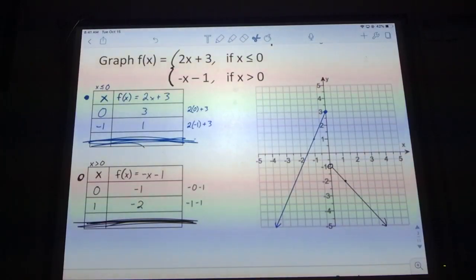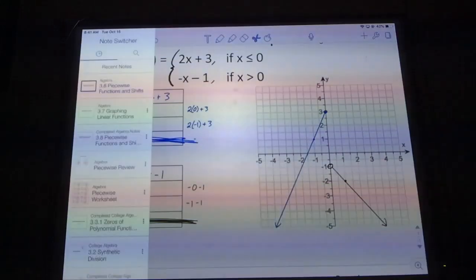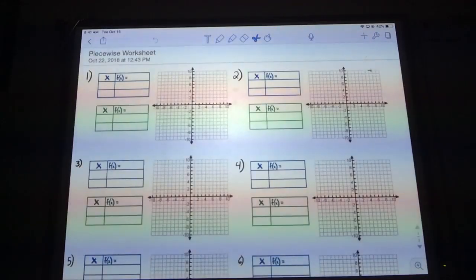And that's how you graph piecewise functions. Okay? So it is a bit of a process, but I've done everything I can. I've made those for you, so all you have to do is just fill in your numbers and put it on the graph. Okay?